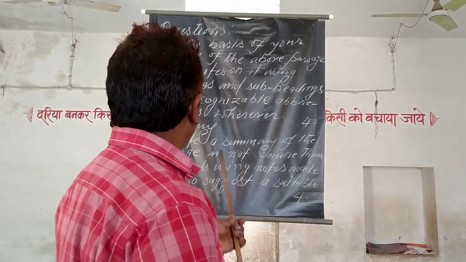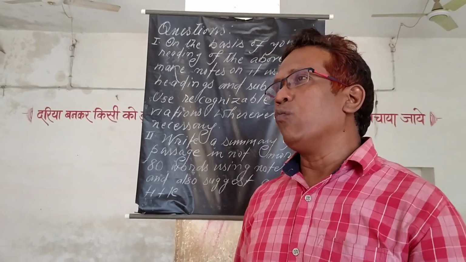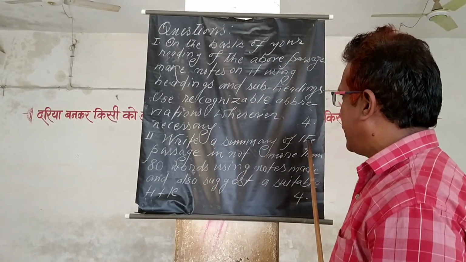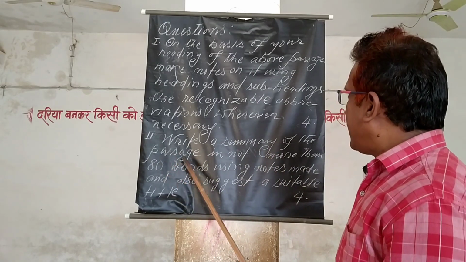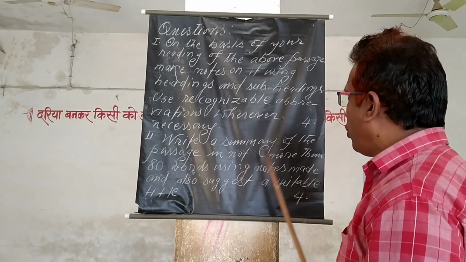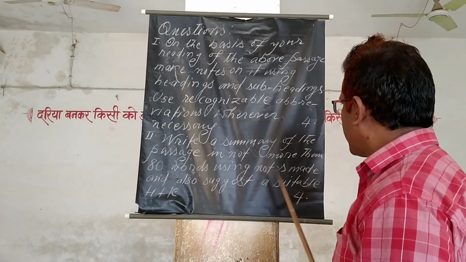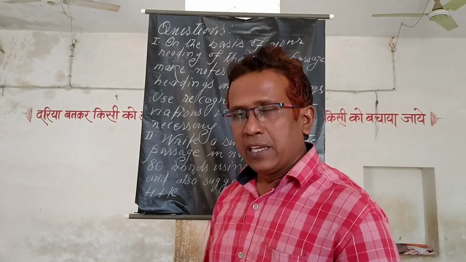In part 1, you also have to make certain abbreviations for the difficult words. And in part 2, you can see: write a summary of the passage in not more than 80 words, using notes made, and also suggest a suitable title. Here in this question there are two things.